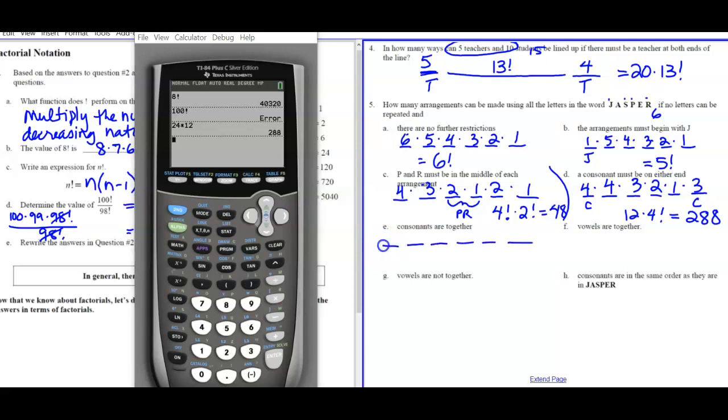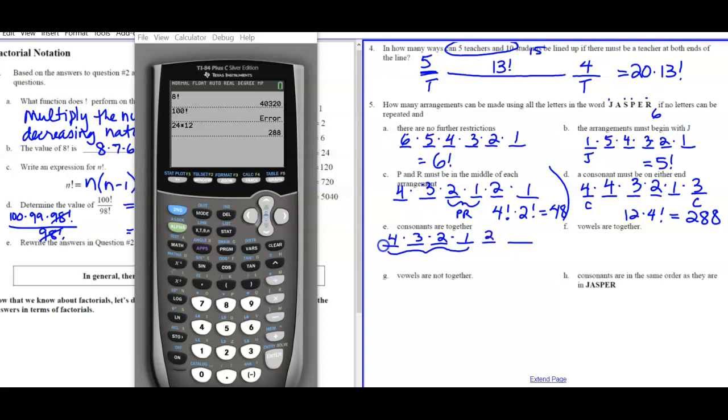4, 5, 6. Okay. Consonants together. There's 4 of them. So what I do is I start with 4 of them being at the beginning. Okay? So let's say I'm putting all my consonants at the beginning. They have to be together. So that would be 4, 3, 2, 1, arranging the consonants.